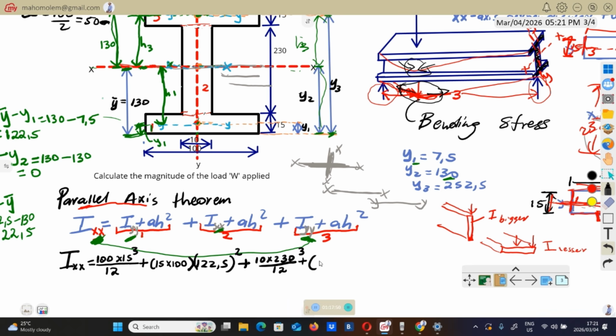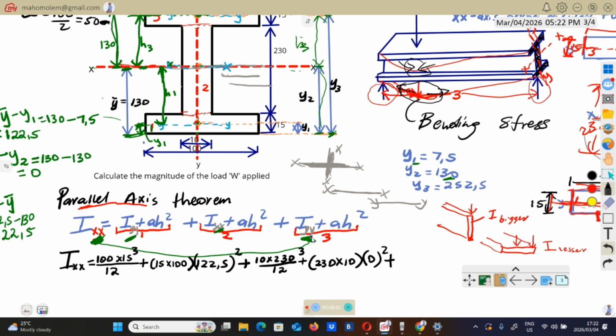Area for number 2 is 230 multiplied by 10. H2, we set it's 0. Plus, we go to number 3.